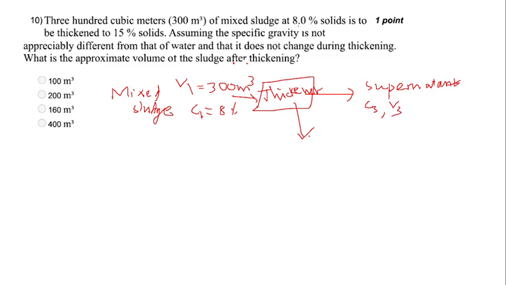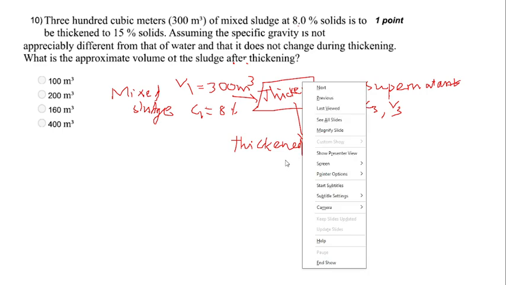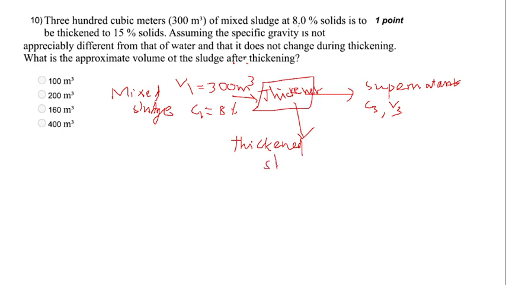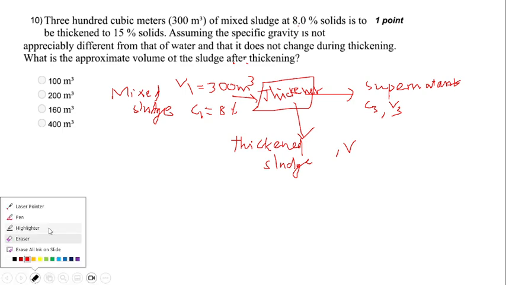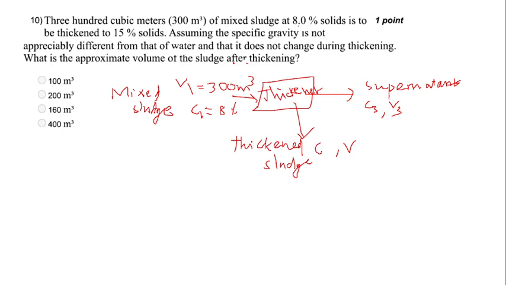The other exit stream is the thickened sludge, where the concentration of the solid and the volume of the sludge are taken as C2 and V2, like the previous process.